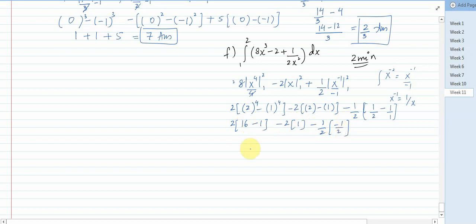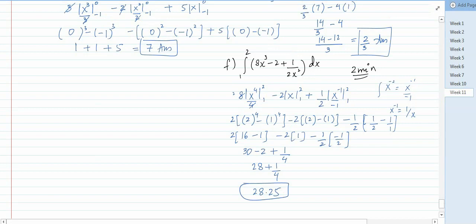So 2 into 15 is 30, minus 2, minus minus plus 1 upon 4. 30 minus 2 is 28 plus 1 upon 4. So 28 plus 1 upon 4 is 28.25. Alright, so that is your answer.